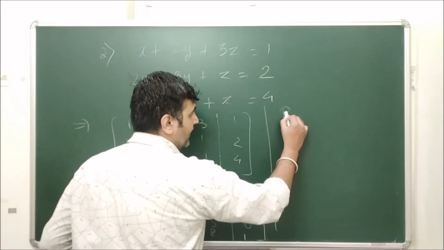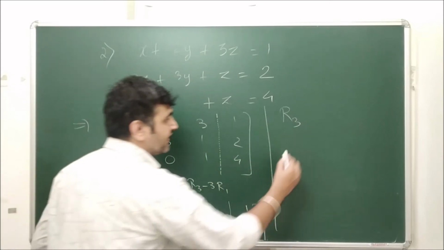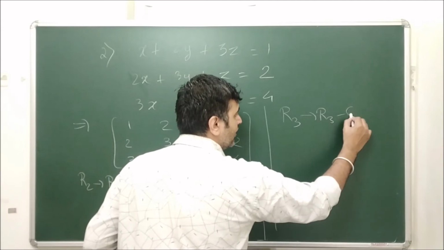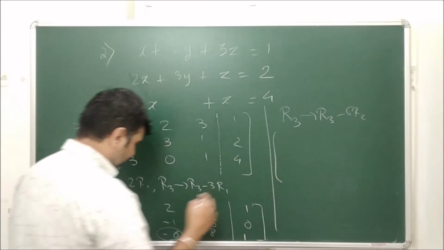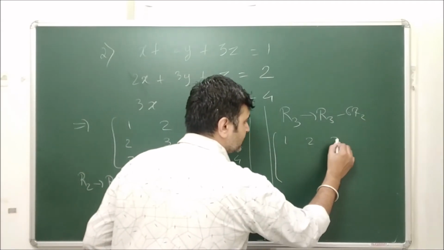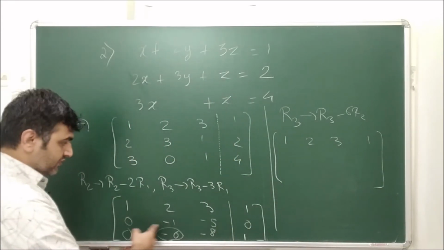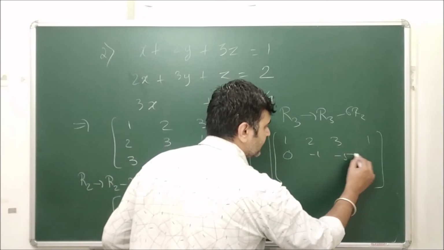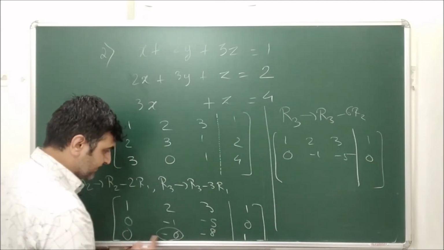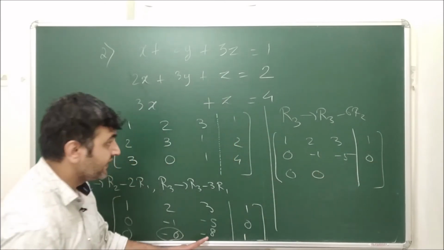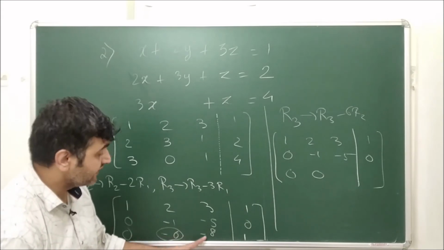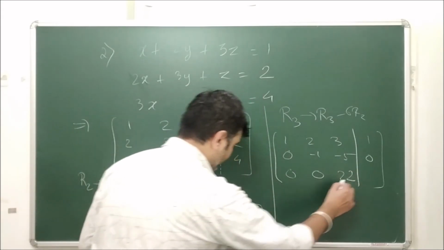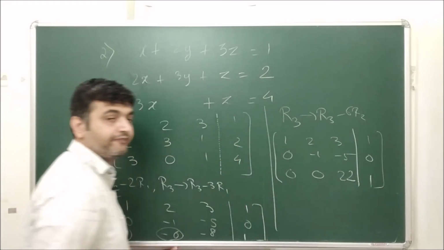You will do R3 changes to R3 minus 6R2. So when you do this change, my first two rows will be as it is. So 0, minus 1, minus 5, 0, and the last will be 0, 0, minus 8 plus 30. Minus 8 plus 30 is 22, and 1 minus 0 is 1.